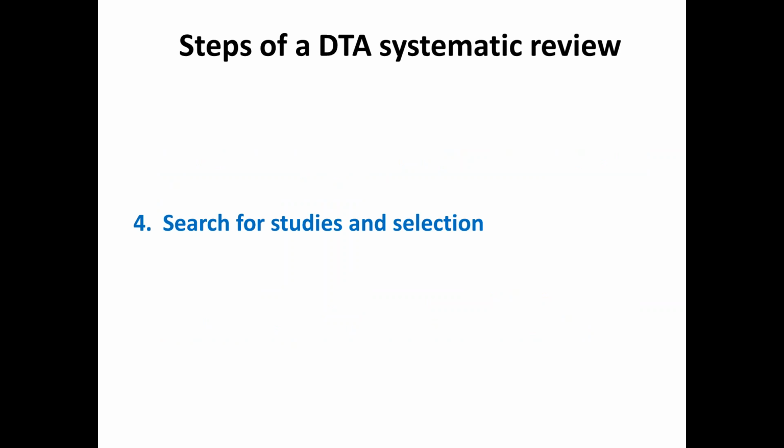So searching for studies and selecting studies. So in Cochrane intervention reviews, we are incredibly lucky to have our wonderful resource of randomized trials, which have been identified centrally. And that really makes our process of identifying eligible studies very efficient.